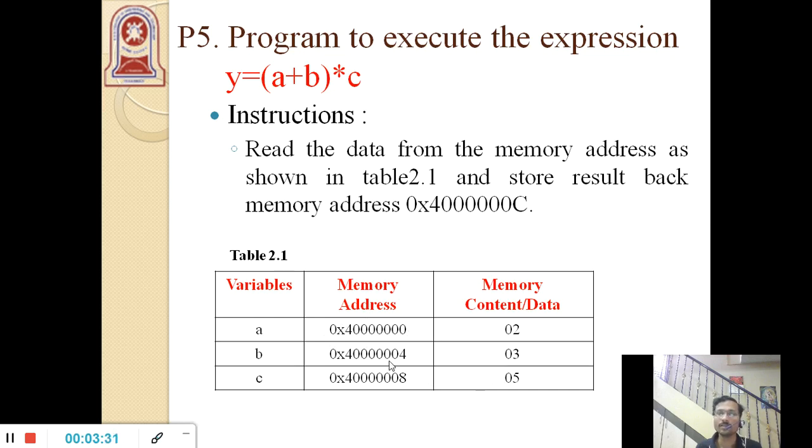Since A, B, C, I forgot to mention here, the values A, B, C must each be 32 bits. Once I say that the A value, B value, C value are all 32 bit, then the subsequent address must be 4 bytes ahead from the base address, and the next will be 4 bytes ahead again.